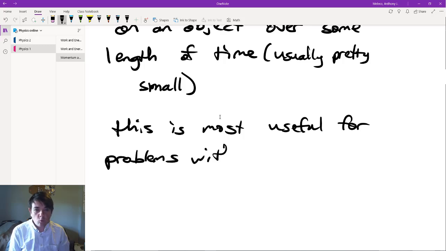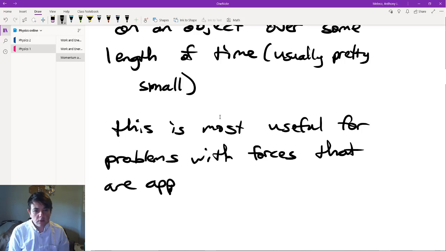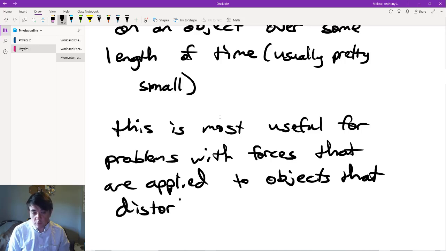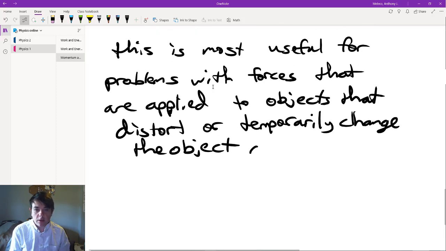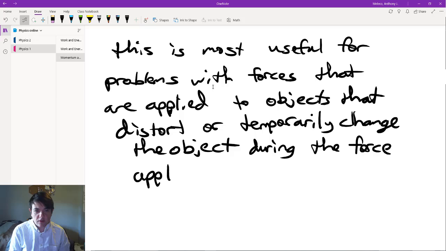for problems with forces that are applied to objects that distort or temporarily change the object during the force application.